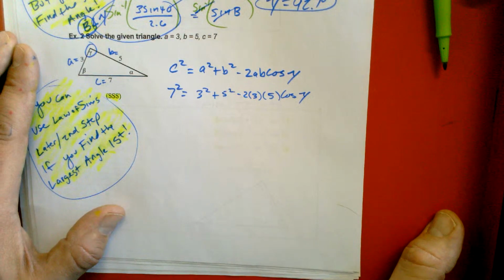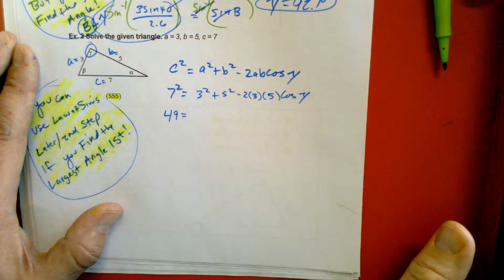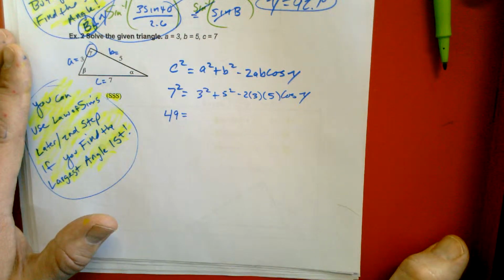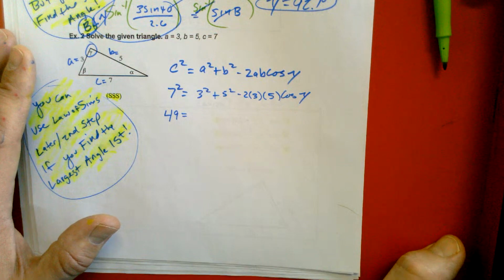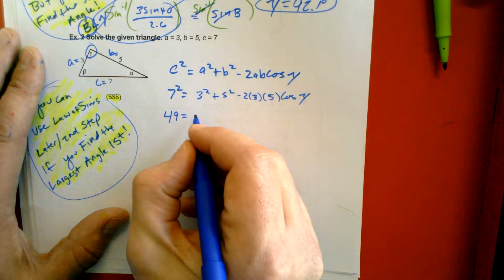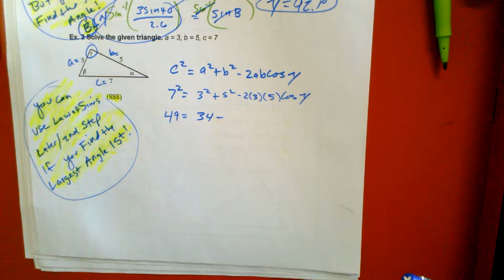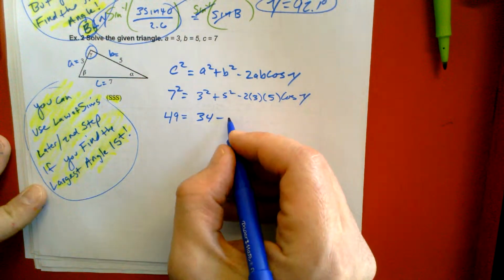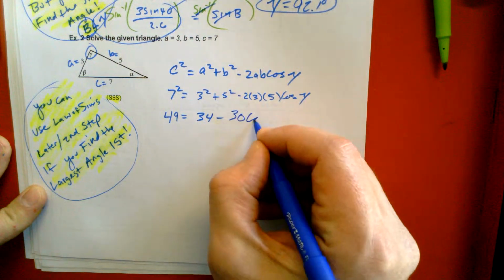When we start doing some simplifying, 7 squared we know is 49. What's 3 squared? Shout it out. What's 3 squared? 9. What's 5 squared? 25 plus 9. That's 34. Minus 2 times 3 times 5 is how much? What do you guys get there? Jerdy?